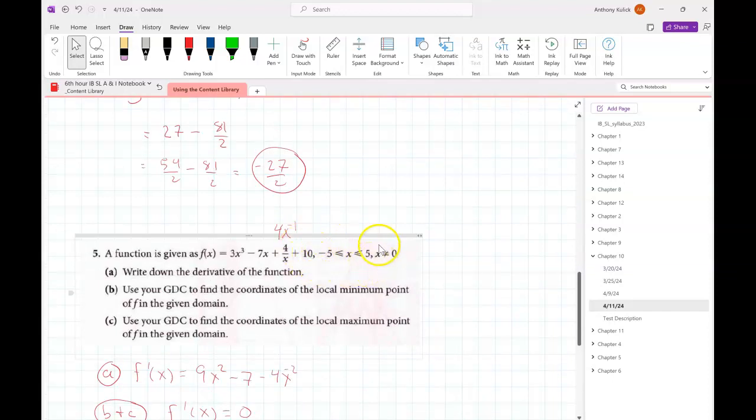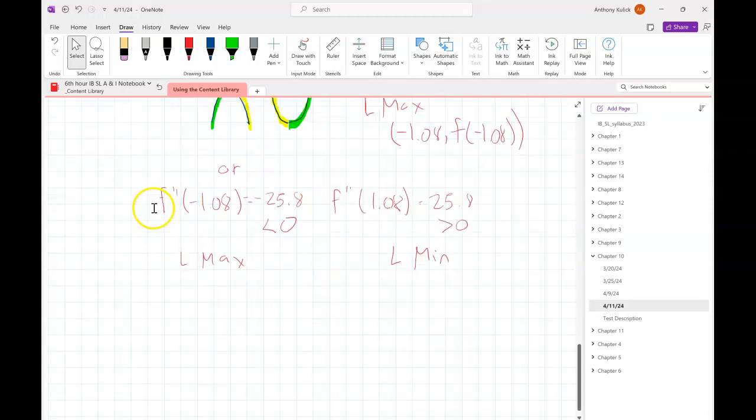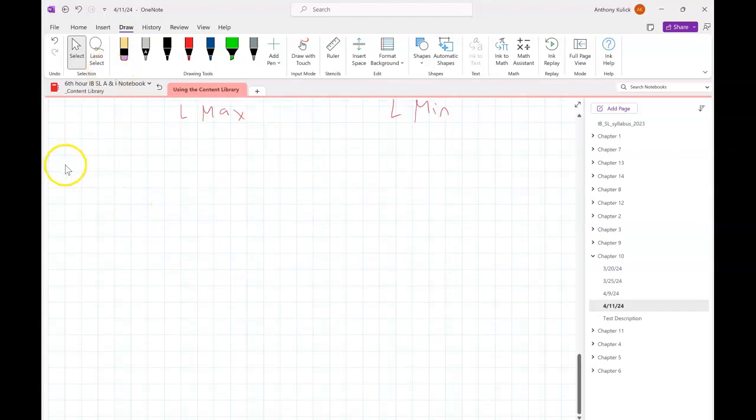It's just because the function is only defined from -5 to 5. And then it's decreasing from -1.08 to 1.08. Right? So let's do some optimization problems here, yeah? All right.